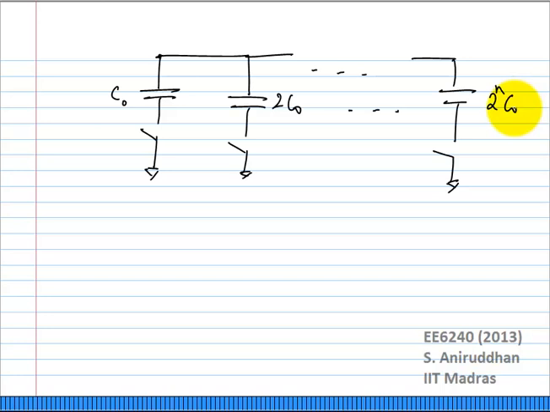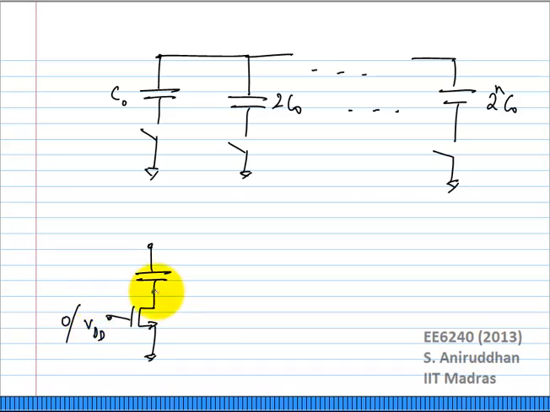However, there is a fundamental problem with these kinds of switched capacitors. The fundamental problem is, let's say I take this capacitor, I would realize the switch using a MOSFET, and this input will be 0 or VDD, right? If it's on, it is VDD, if it's off, it's 0.